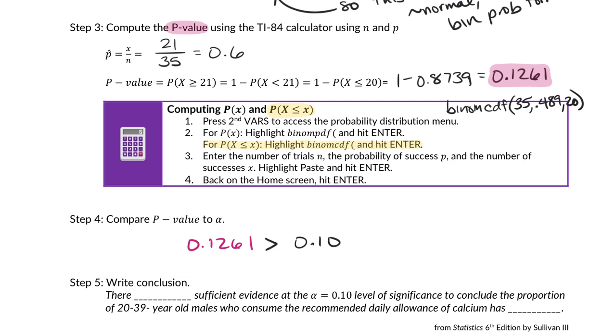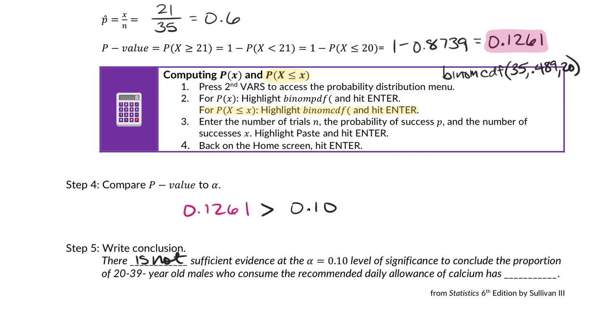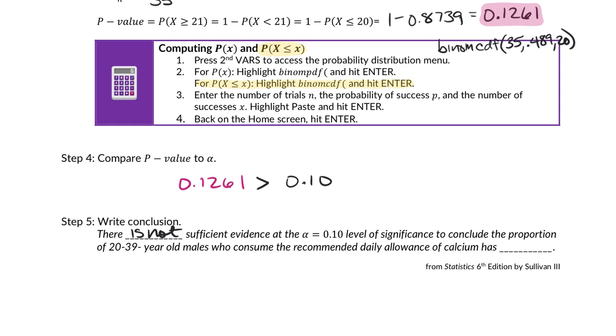If the p-value is larger than the level of significance, then there is not sufficient evidence at that level of significance to conclude that the proportion of 20 to 39-year-old males who consume the recommended daily allowance of calcium has increased. So p-value above level of significance, not enough evidence. P-value less than the level of significance, we do have enough evidence.